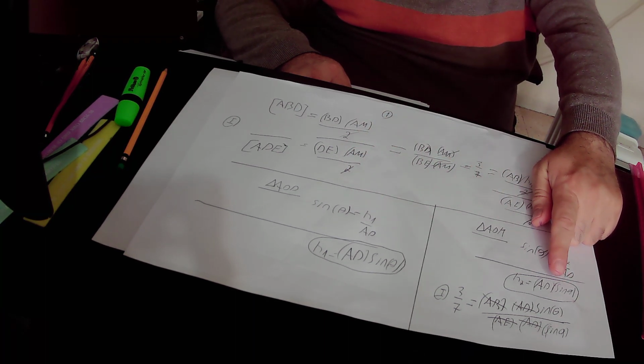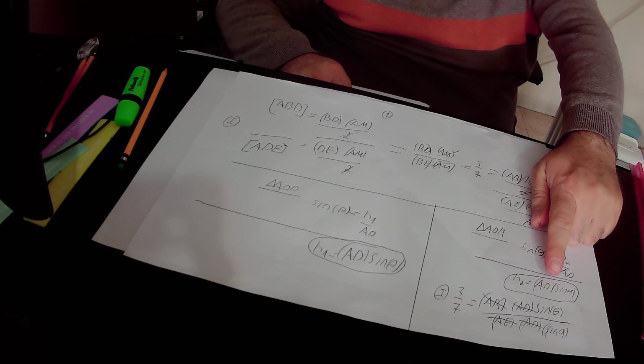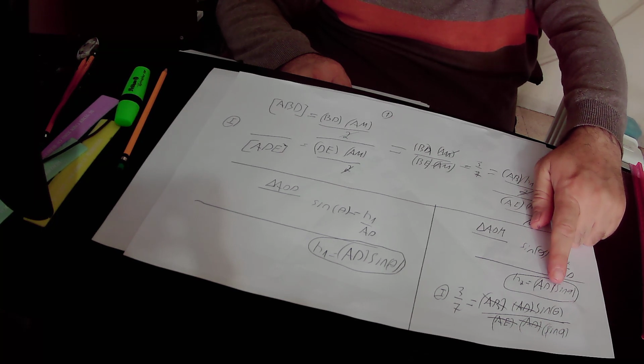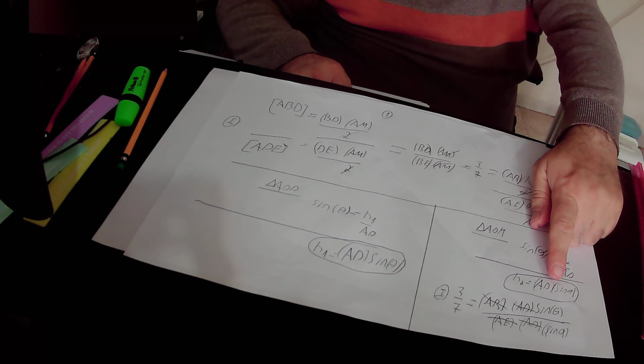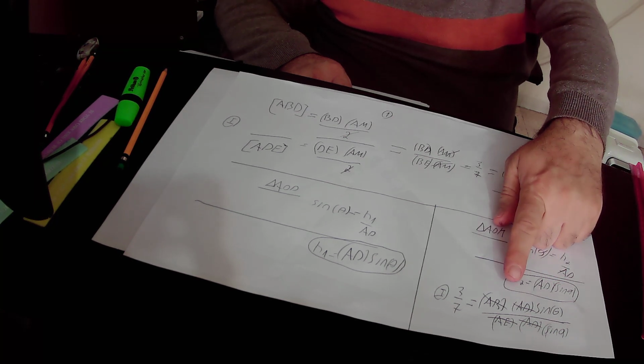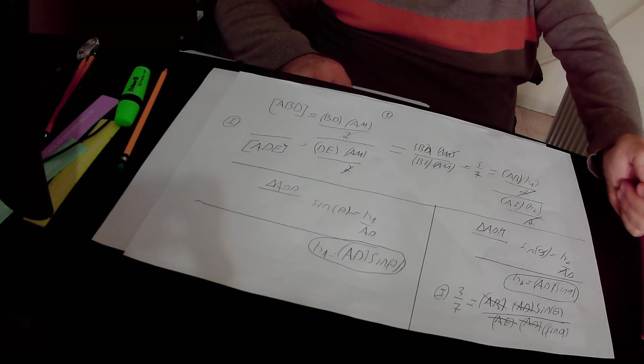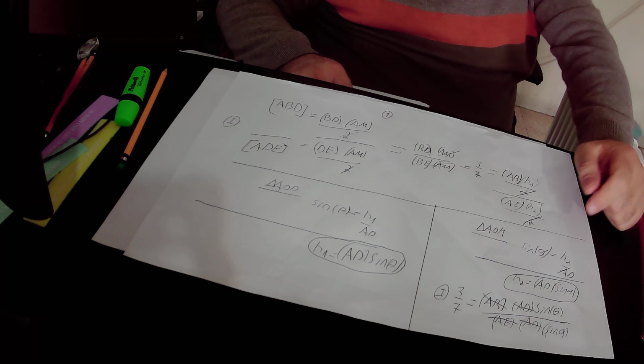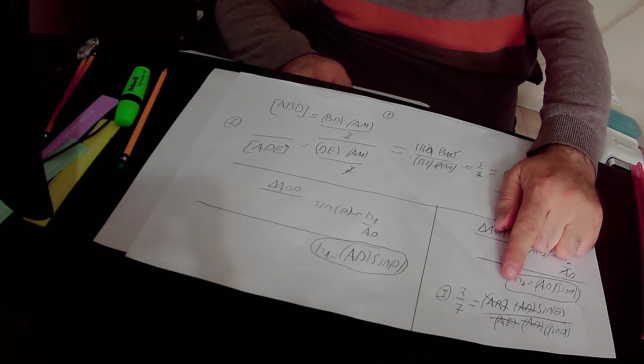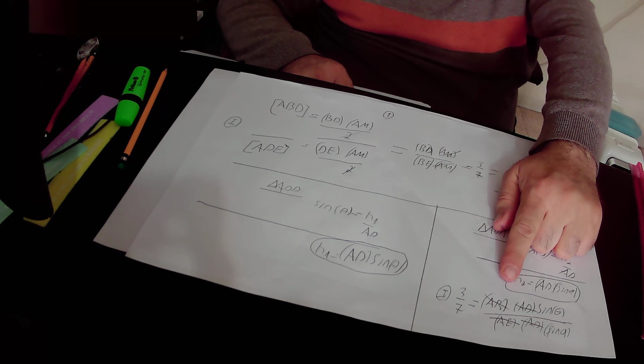And we got the equation number 1 that states that 3 over 7 equals AB times AD sine theta, that is H1, over AE times AD sine alpha, that is H2. So here AB equals AE, it is given, so AB over AE is 1, it will get cancelled.